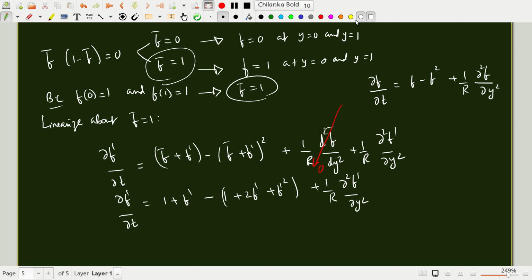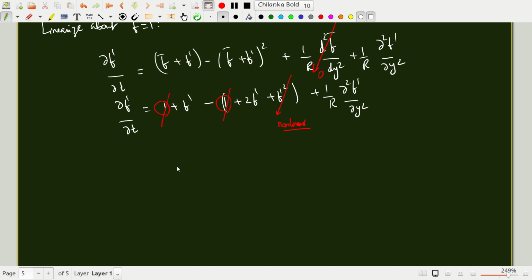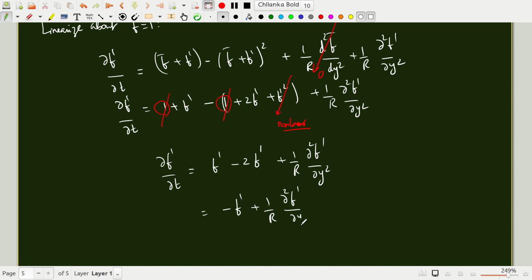Now, if you look at these two terms, this one will get cancelled with this one, and this is nonlinear. So, what you will be left with is partial f prime by partial t is f prime minus 2 f prime plus 1 by r. This is nothing but minus f prime plus 1 by r, partial squared f prime by partial y squared.